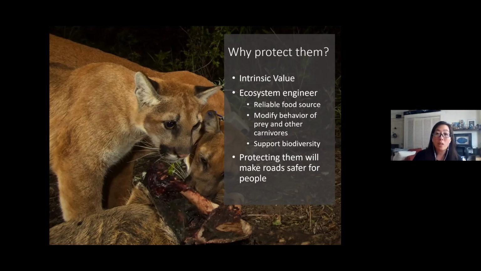But not only are their kills important, just their presence makes everyone behave differently. So their prey and other small carnivores like coyotes and badgers and foxes, they all behave differently if there's a mountain lion around. And that can change the structure of habitats.